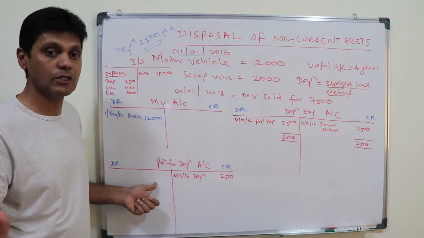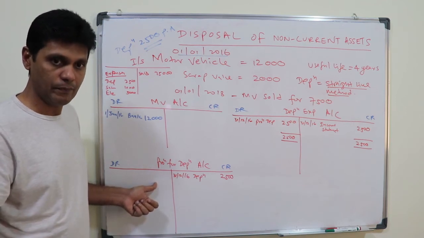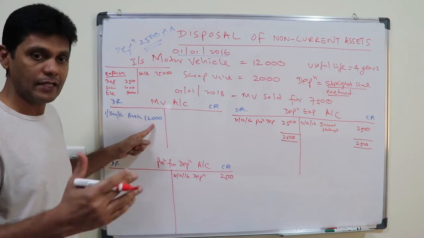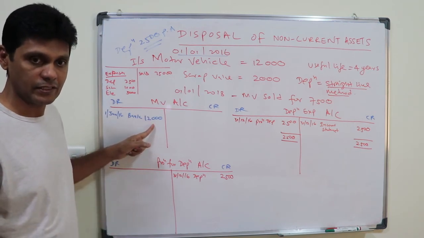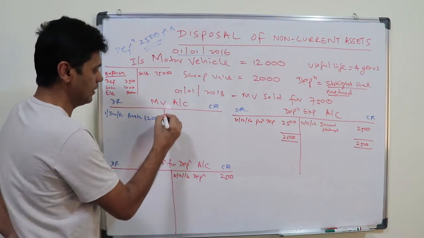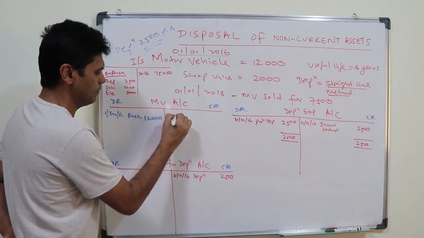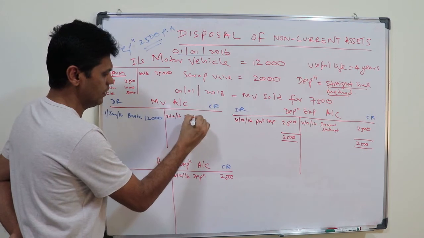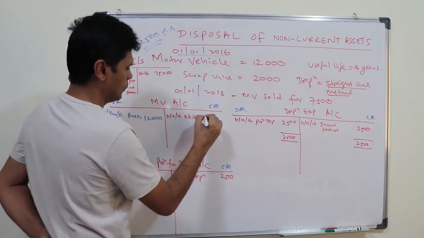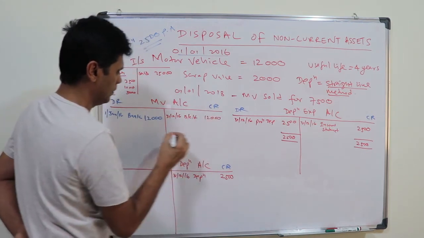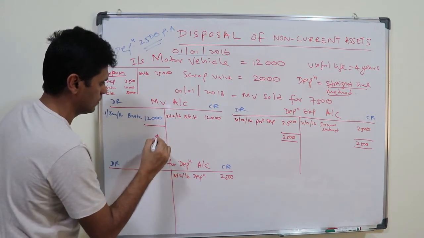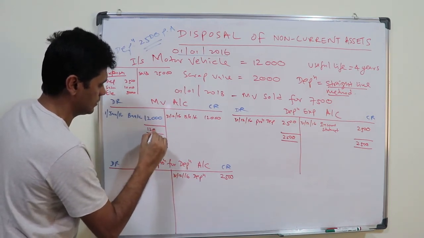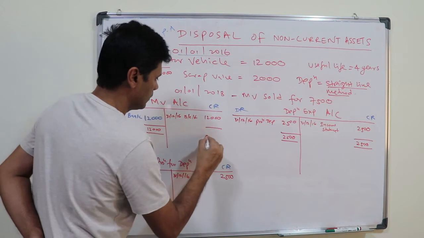You understand the financial position of your company. So this will be carried forward to the next financial year. Okay, so motor vehicle 31st December 2016 balance carried forward 12,000. Just balance this account, 12,000.